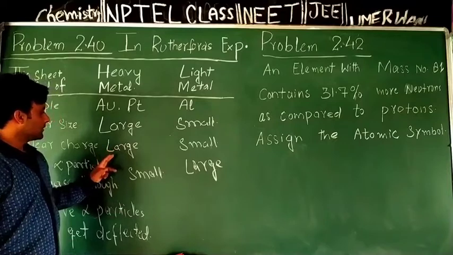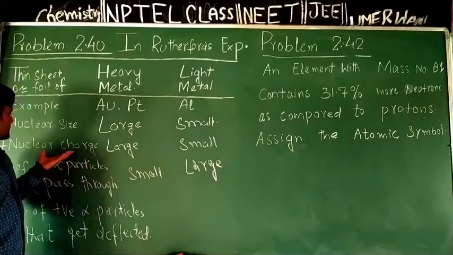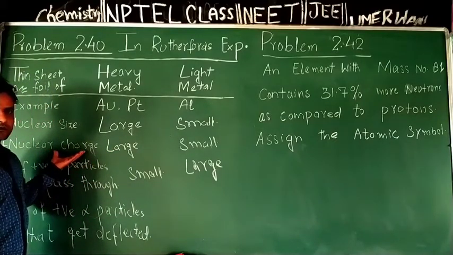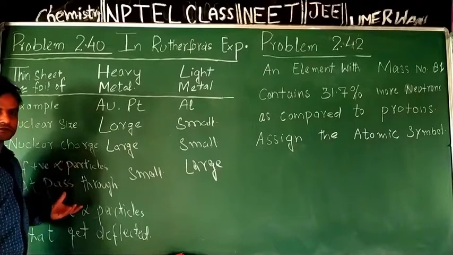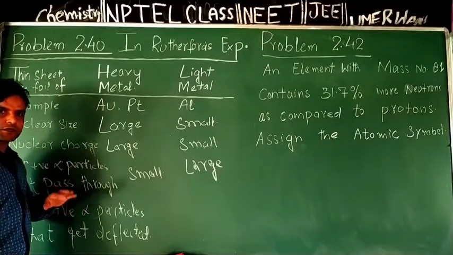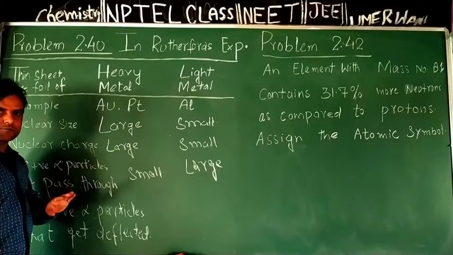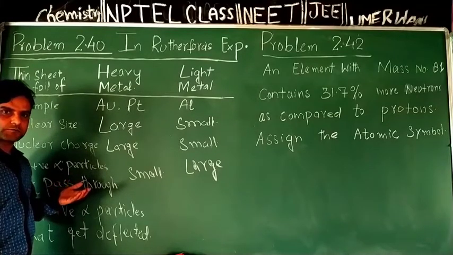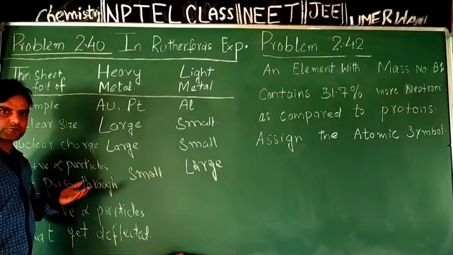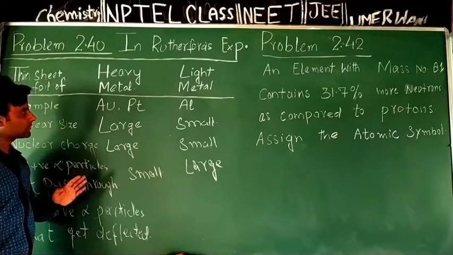Now see here, deflection will depend on the magnitude of positive charge in the nucleus. The greater the magnitude of positive charge in the nucleus, the greater the repulsion felt by alpha particles, and the greater the deflection.